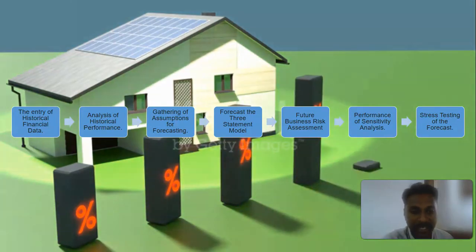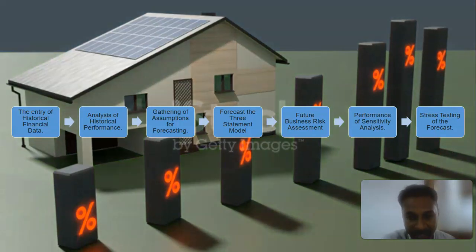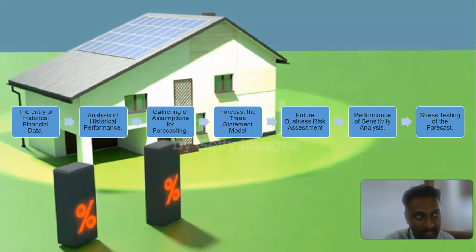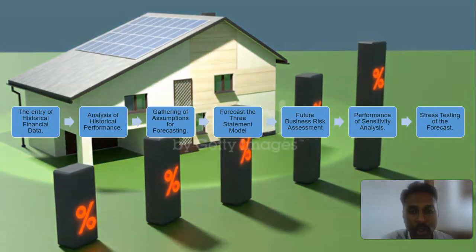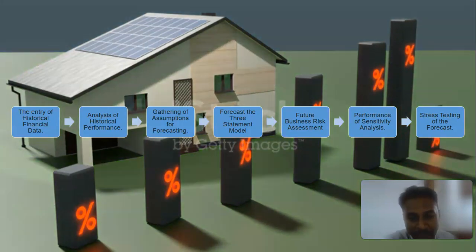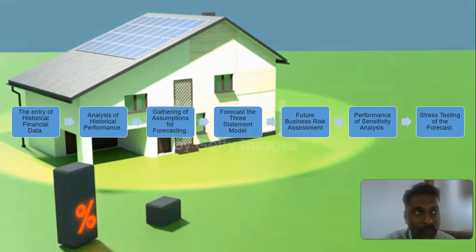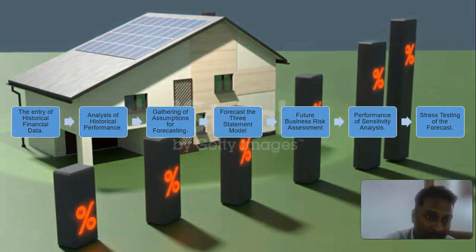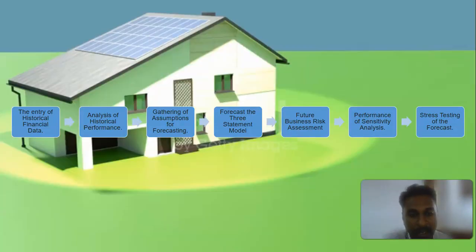The third step is assuming certain forecasting assumptions. When I do the assumptions, I generally have basic assumptions, like we had a COVID period, for example 2019 to 22. So I can assume what my real-time forecast would be and how COVID has impacted it. This could be a major assumption.